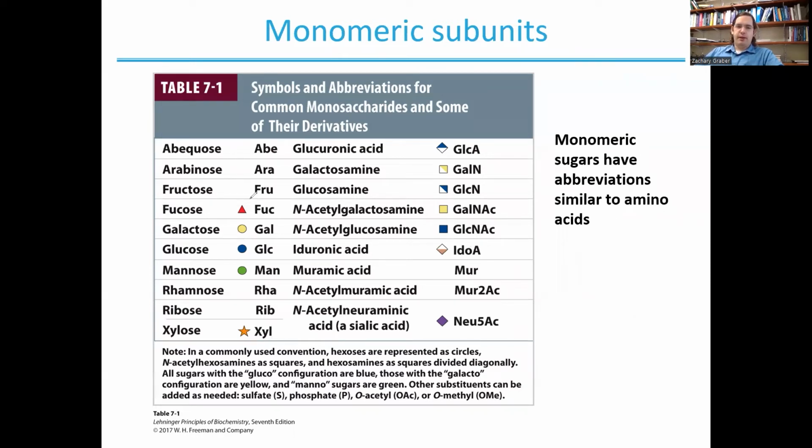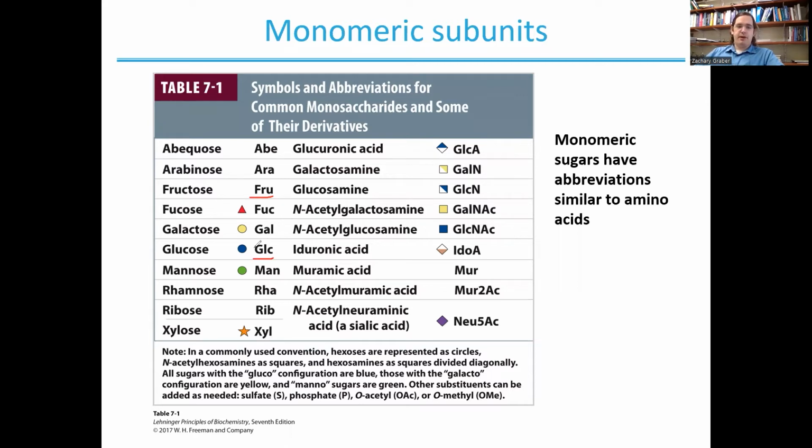Our sugars will have 3-letter abbreviations. These will generally be the first 3 letters of the name, but it will change, of course, depending on what kind of sugar we have. So note for glucose, we use GLC, since of course the GLU abbreviation is already used for glutamate.